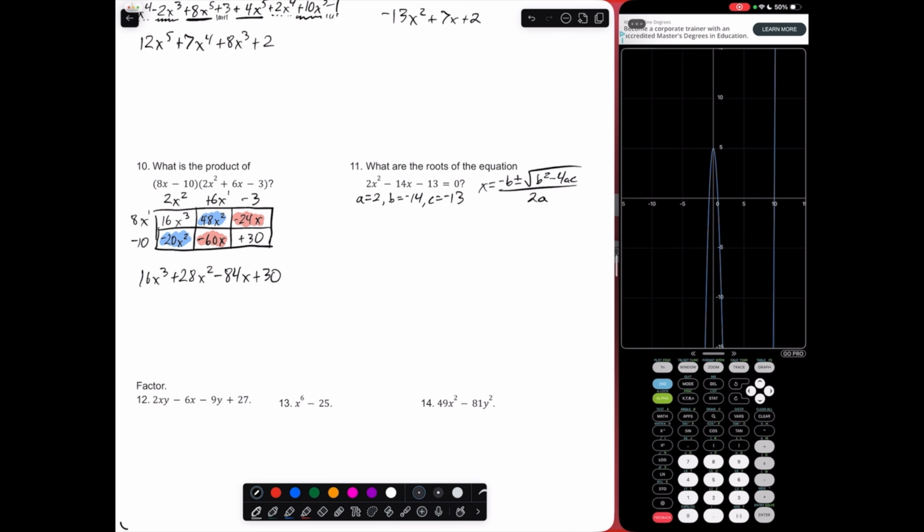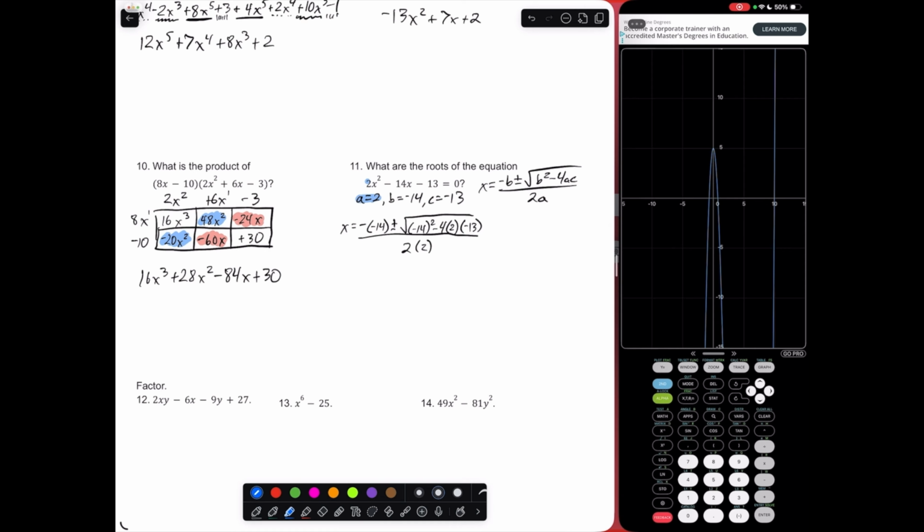Okay, be careful substituting and make sure you're okay with the negatives and the signs. So we have -b. B is -14. I always recommend using parentheses for anything that you're substituting. I'm going to substitute everything in, and then I'll do some color coding.